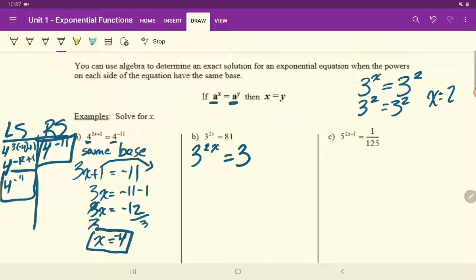So you'd pull out your calculator and try: 3 squared, no. 3 cubed, no. 3 to the power of 4, jackpot. That equals 81. So I can convert 81 to be 3 to the power of 4. I know they're equivalent, but I've manipulated this in a way where I now have the same base. Because I have the same base, I can simply set the exponents equal to each other.